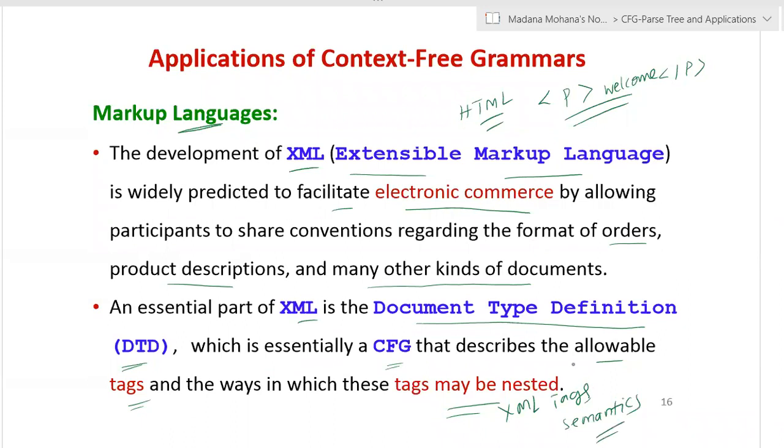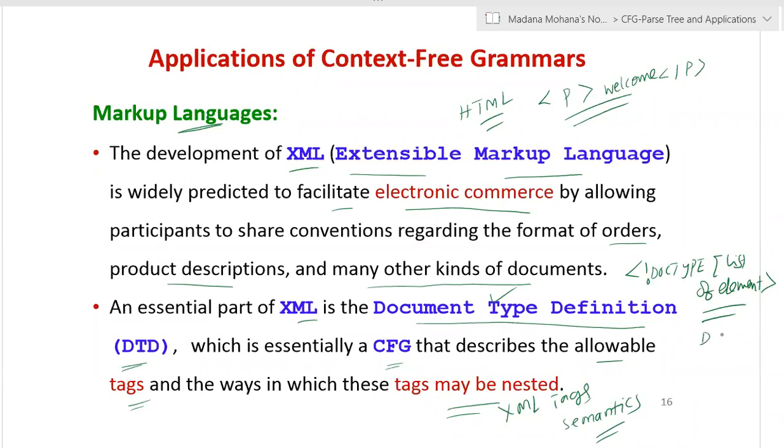One example of the XML language is the document type definition. This can be defined with DOCTYPE, followed by a list of elements, and then you can end the document type.